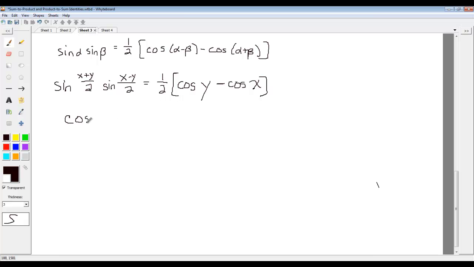You get cosine y minus cosine x equals 2 times sine of (x plus y)/2 sine of (x minus y)/2.